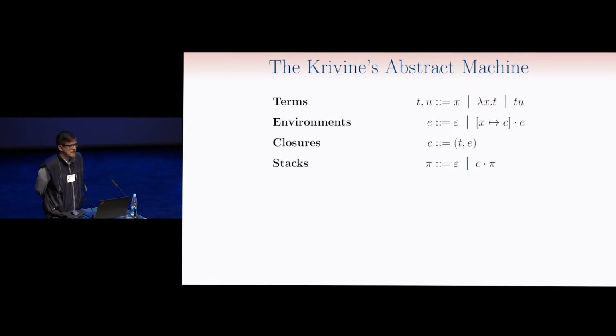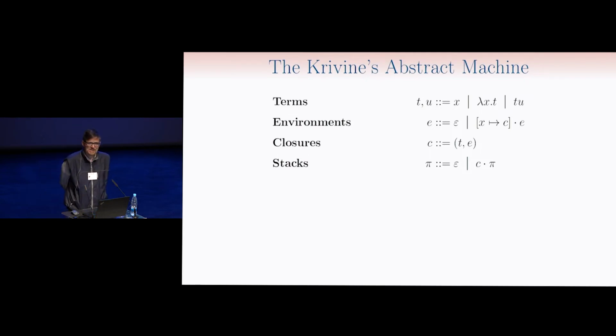Thomas has talked about a much more sophisticated machine. The Krivine abstract machine, on the other hand, is arguably the simplest machine for lambda-calculus evaluation. It implements a weak call-by-name evaluation. It's based on environments, closures, and stacks.